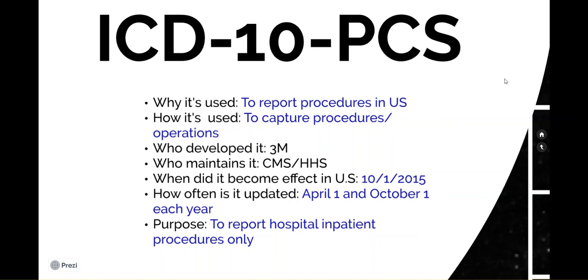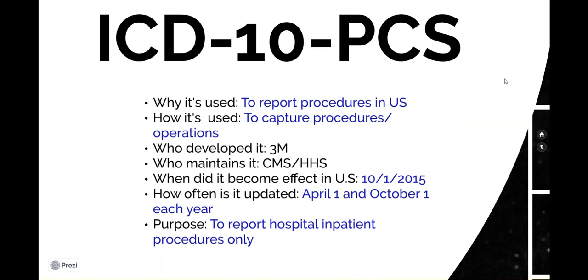This is different from ICD-10-CM. The 3M company had a contract with CMS to develop ICD-10-PCS. So 3M developed it, and CMS and the HHS maintain the PCS code set.